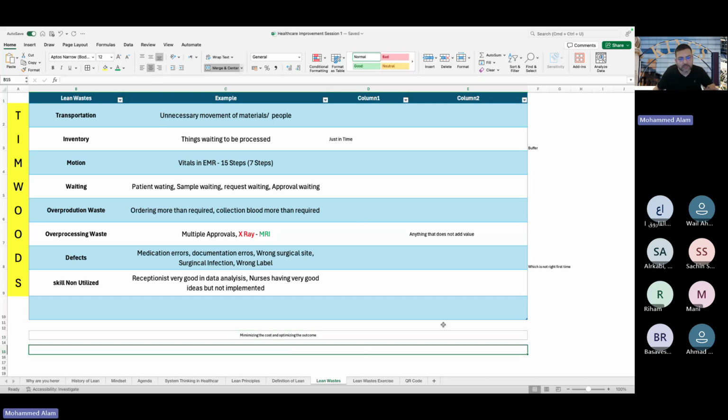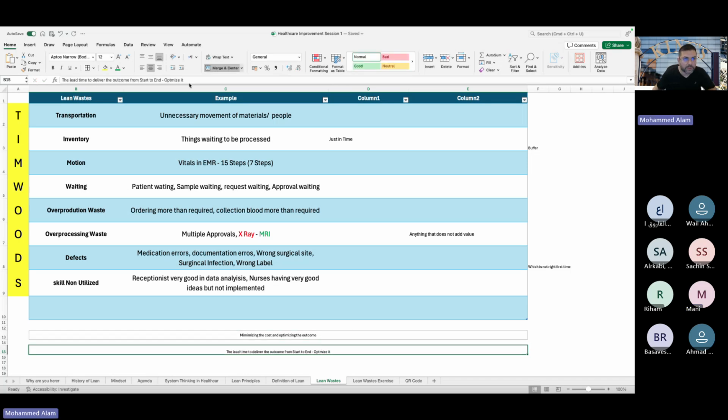Though cost is still important because it's a healthcare cost, going directly to the government agencies. But let's say we don't have the visibility. So what we need to figure out is the lead time to deliver the outcome from start to end, and optimize it.